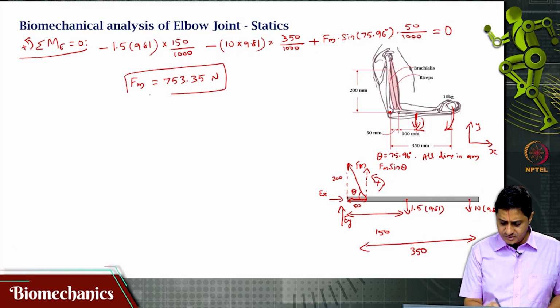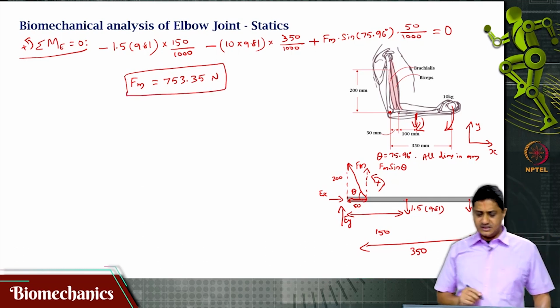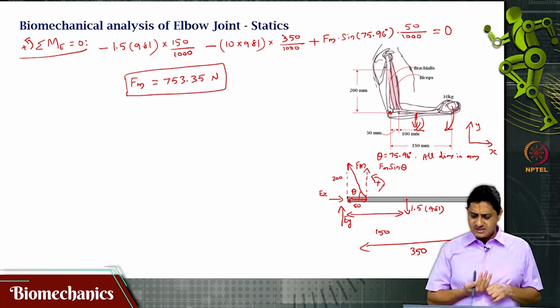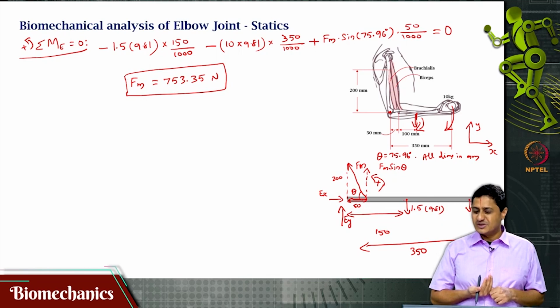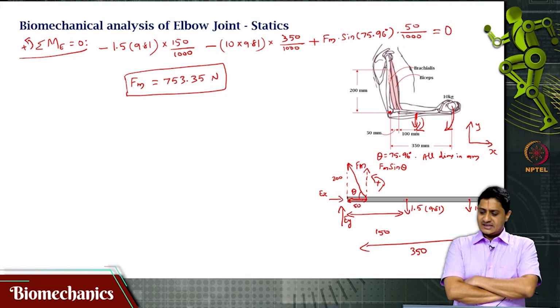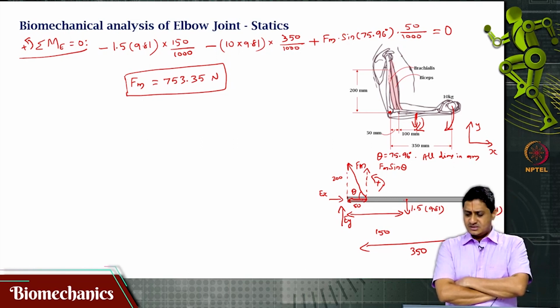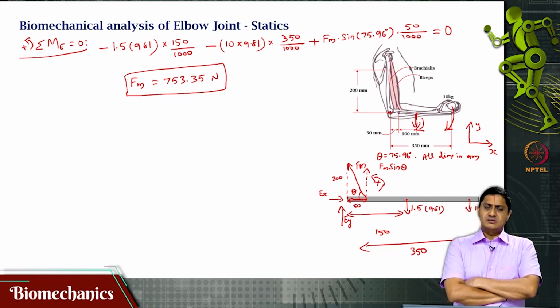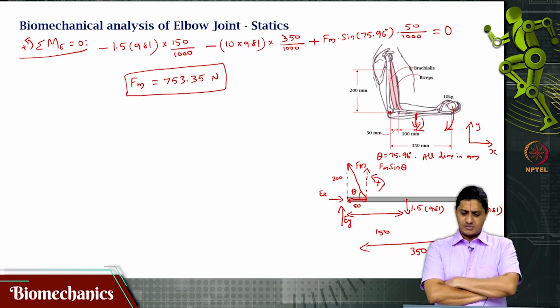Once again, it is useful to get an intuitive understanding of this, but sometimes it is not clear how to get this. A 10 kg load is acting at a distance of 350 mm, but it is overcome by a muscle force that is acting with a moment arm of 50 mm.